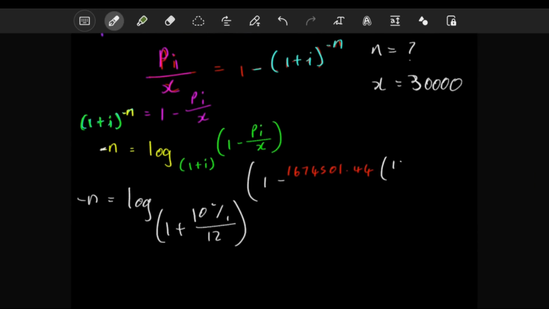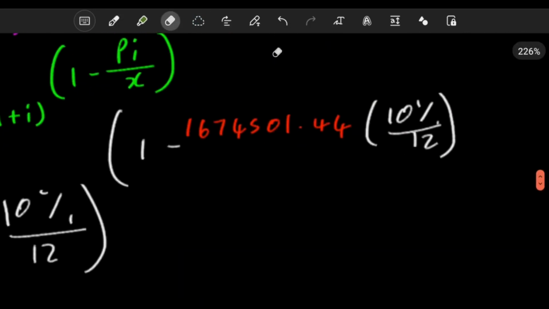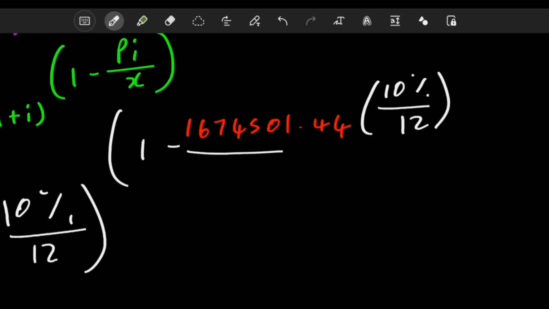So here 10% over 12. That doesn't look very nice, might as well zoom in and write it better. So this is 10% over 12, much better. The whole thing there is over the 30,000.